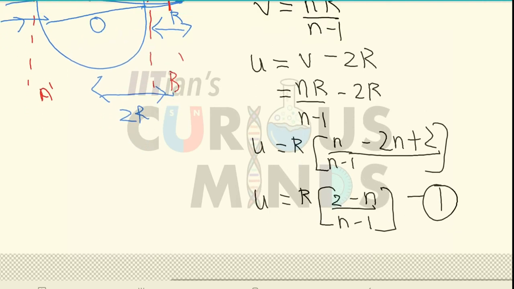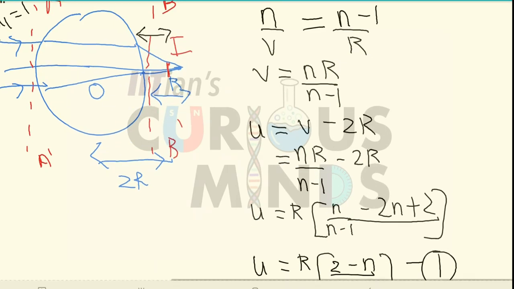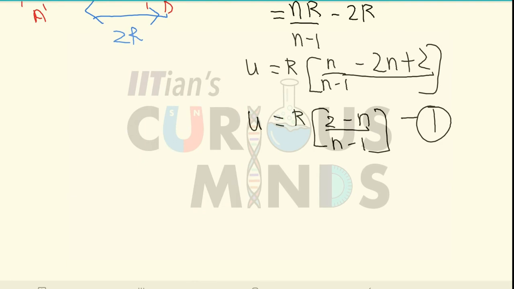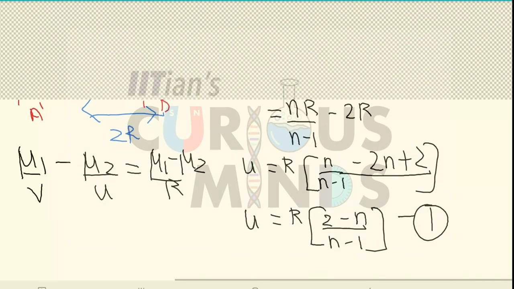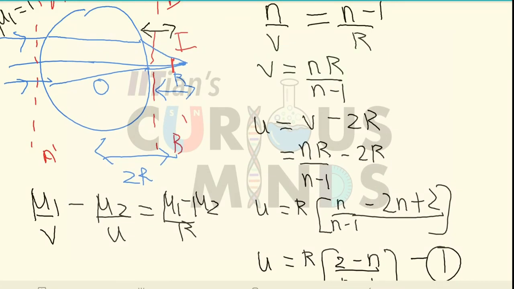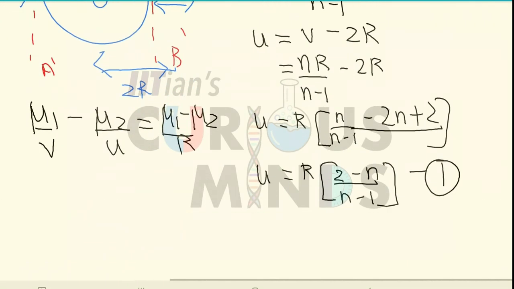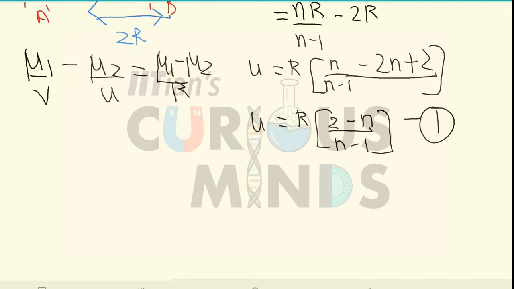Now for the second interface, that is for b dash, let me substitute the same formula again. It will be mu1 divided by v minus mu2 divided by u is equal to mu1 minus mu2 divided by r. Now the object is situated inside the spherical surface and the image is obtained in air.